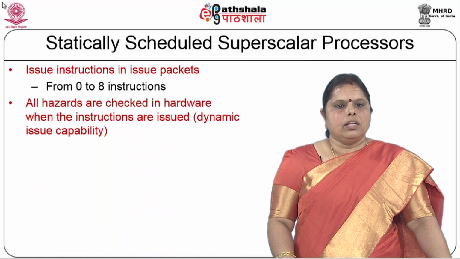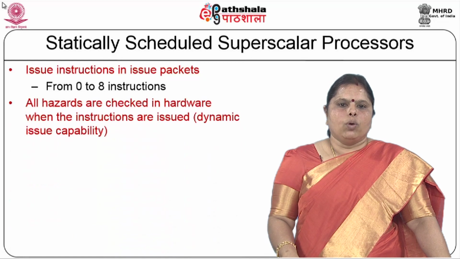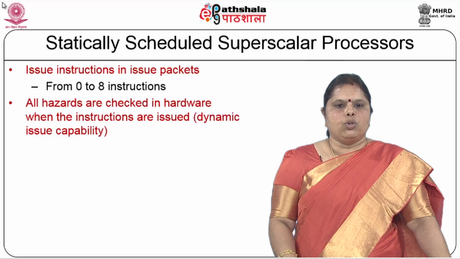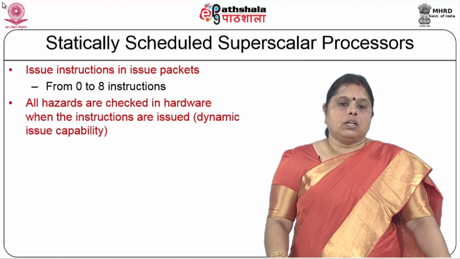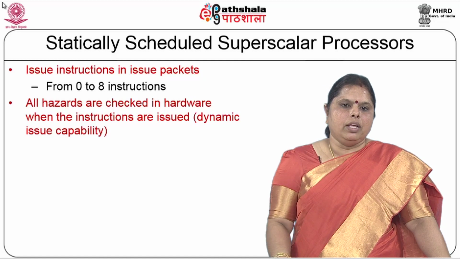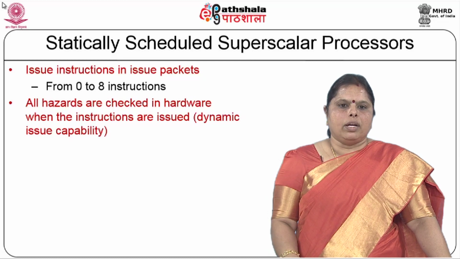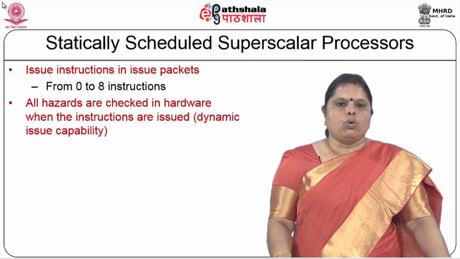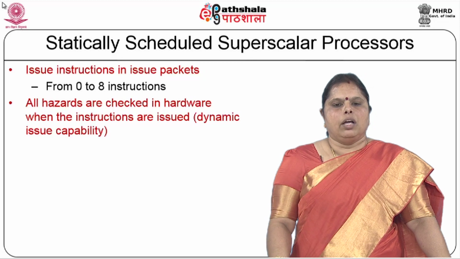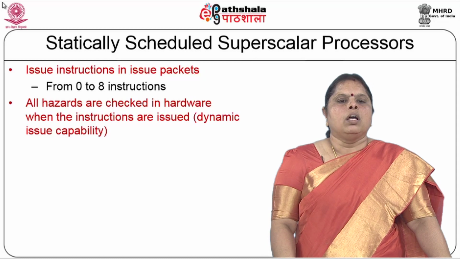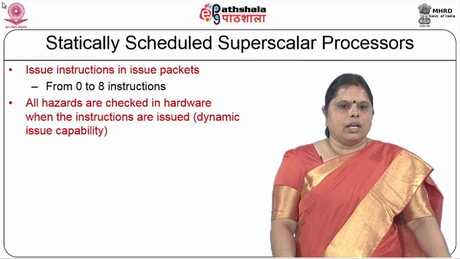In statically scheduled processors, you have issue packets. Let us say we issue about 0 to 8 instructions, that is, if you are not able to identify any instruction in that packet, then it becomes 0, but if you are able to identify a few instructions which can go together, which can be issued in a single clock cycle, then it becomes a multiple issue processor. Now, all hazards are checked in hardware.